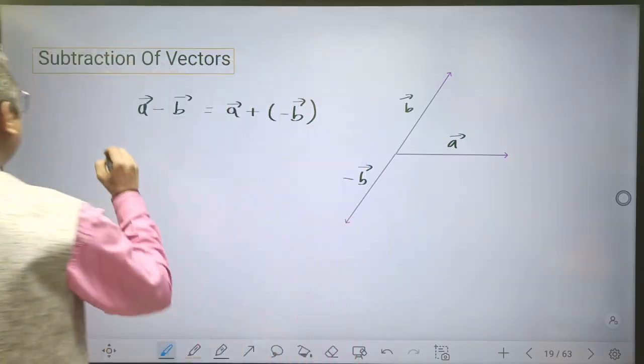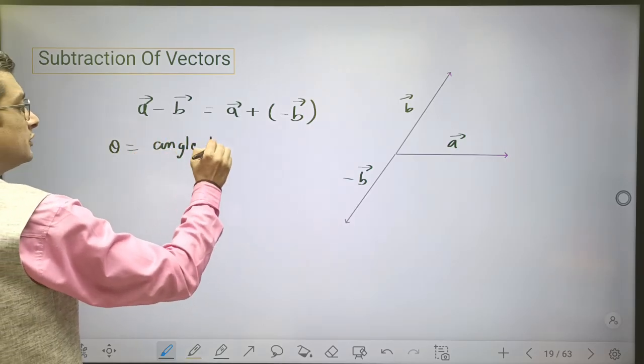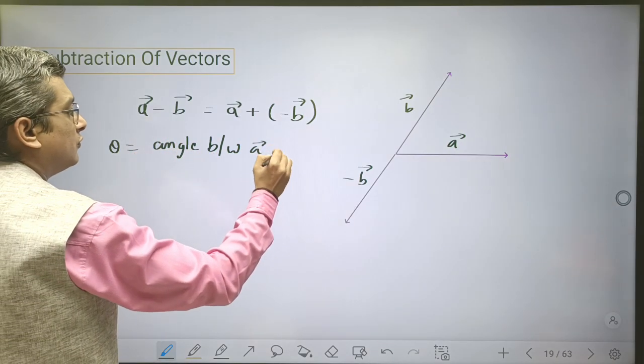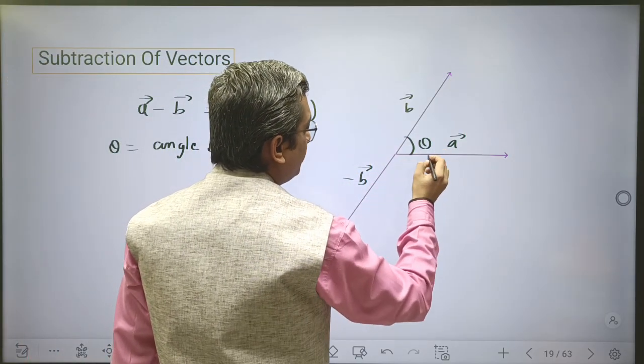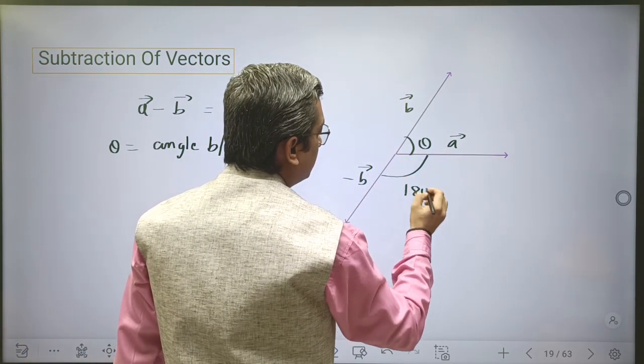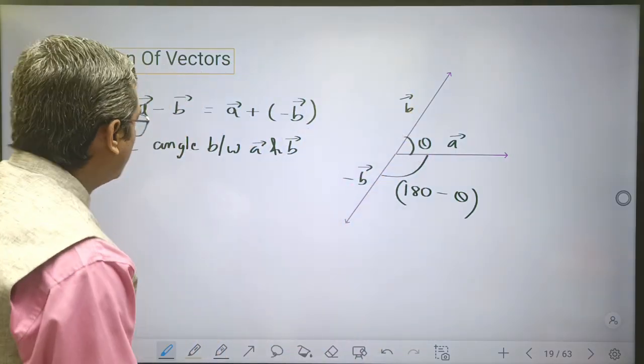Now suppose I take theta as the angle between A and B. Theta is the angle between vector A and vector B. So the angle between A and minus B is given by 180 minus theta, isn't it? Since this forms a linear pair.